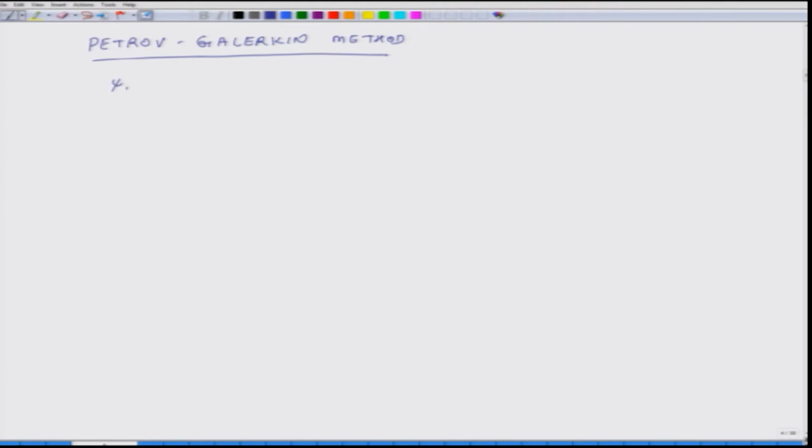So this is my weight function psi I, and my u is represented as the sum of phi j times Cj. This is my primary variable.